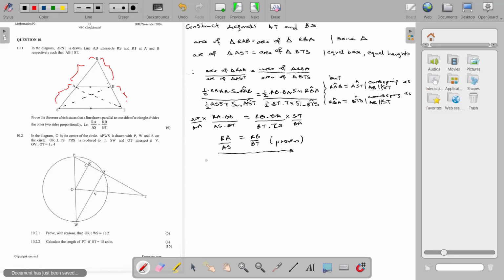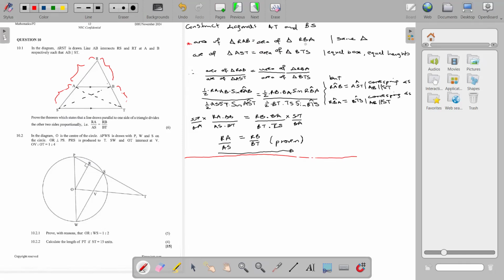So we say area of triangle RAB is equal to area of triangle RBA.